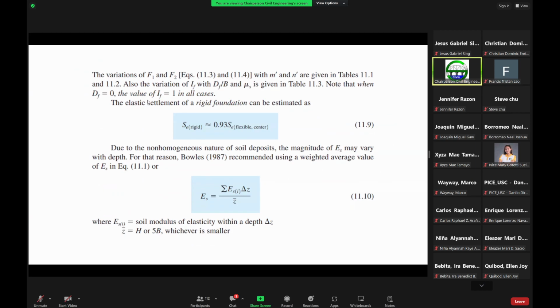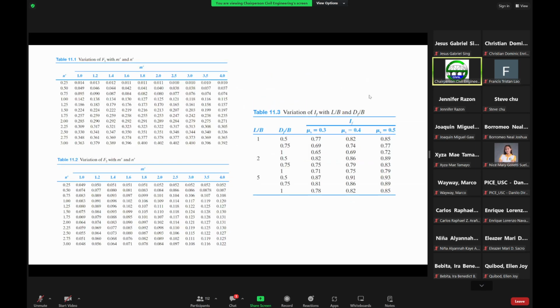Now, also the variation of the depth factor is given in this table, table 11.3 in your book. The depth factor is a function of L over B, that's the length of the foundation over the width of the foundation, as well as the embedment depth, that's D sub F, the embedment depth of the foundation over the width of the foundation.